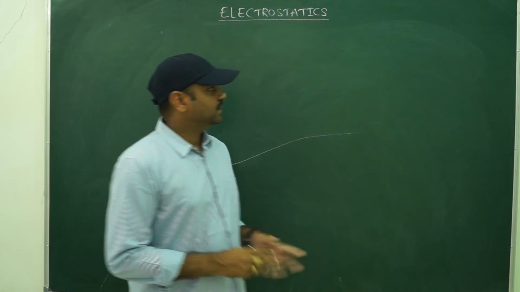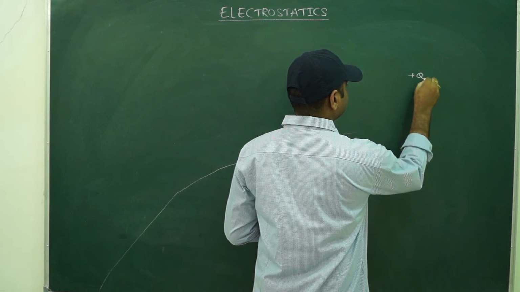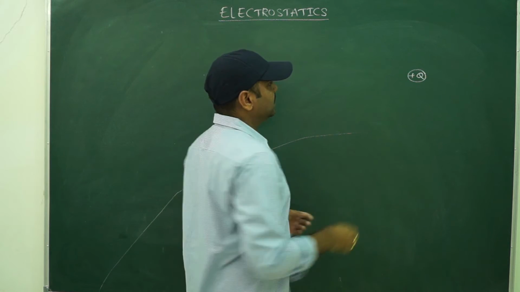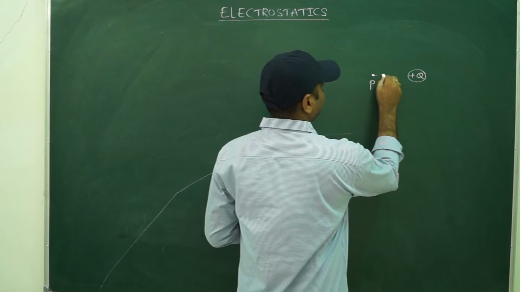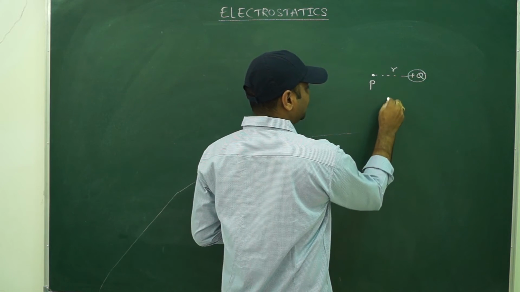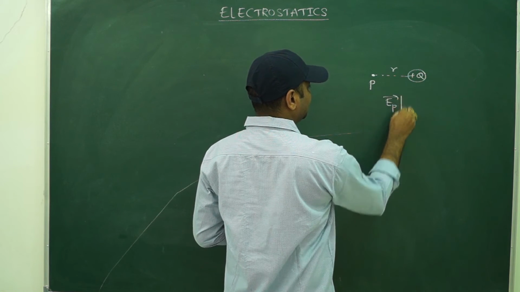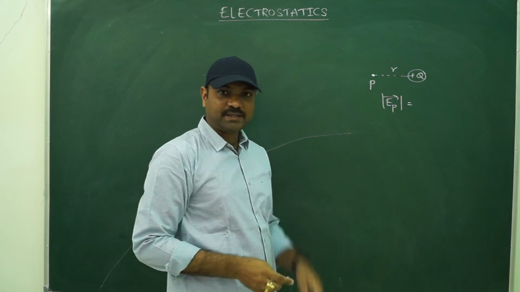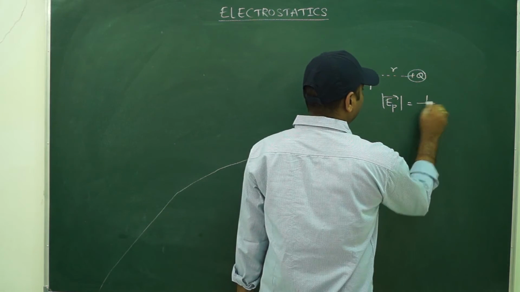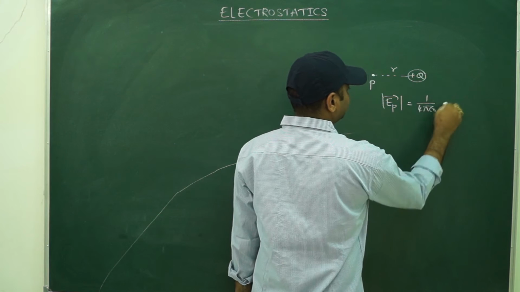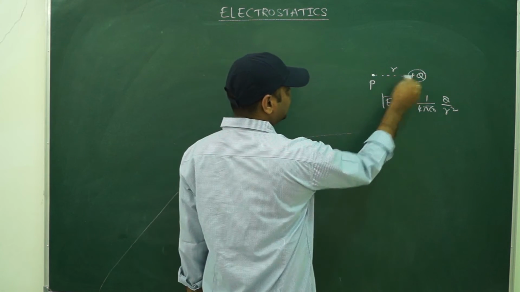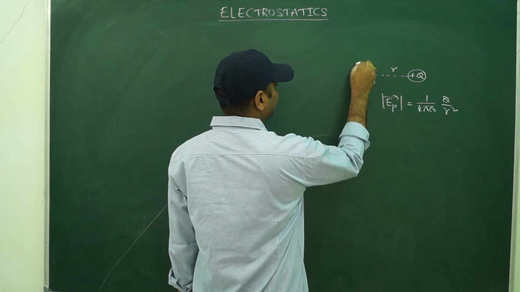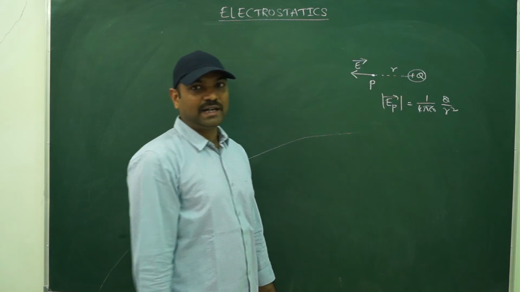Next we see that if I take a positive charge, as we discussed earlier, and take any random point, I am taking one point P at a distance of R. So we know that the electric field intensity magnitude at P point is 1 by 4 pi epsilon naught times charge Q by distance squared. And what is the direction? As it is a positive charge, the direction will be radially away.